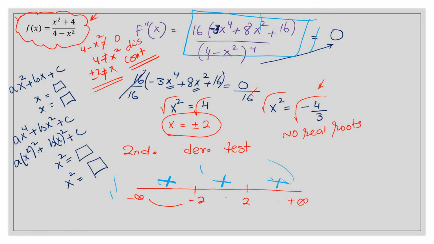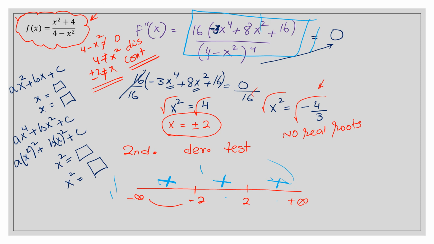But there is something mistake. I feel that it is not possible that in all the cases you get a positive sign. So it means I am writing something wrong. Yes, I forgot to write here minus 3x to the power 4.